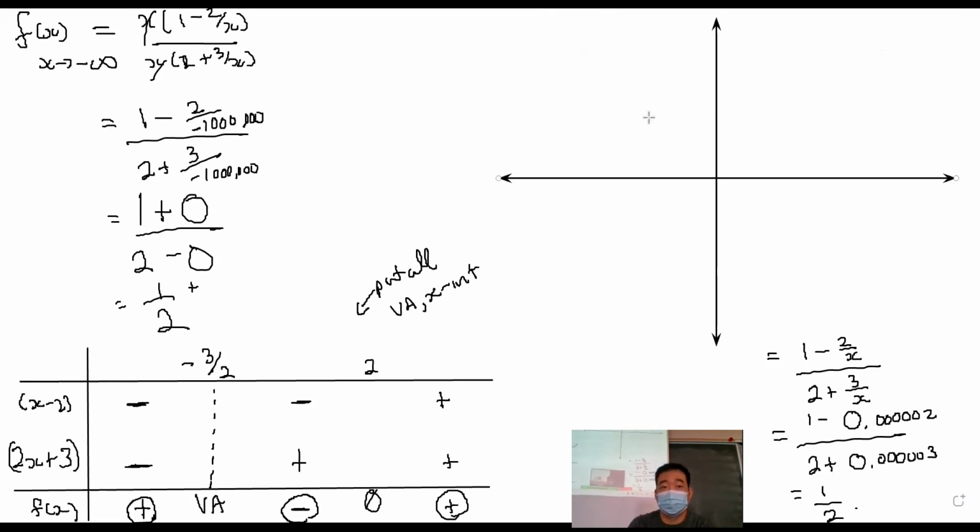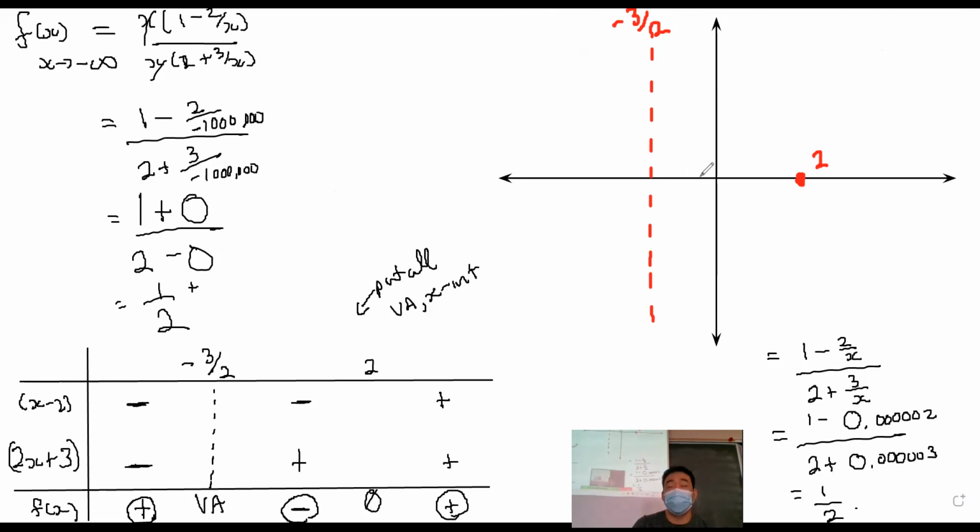All right. Let me use some thicker asymptotes. -3 over 2. And then I have a 0 at the 2. What else did I get?